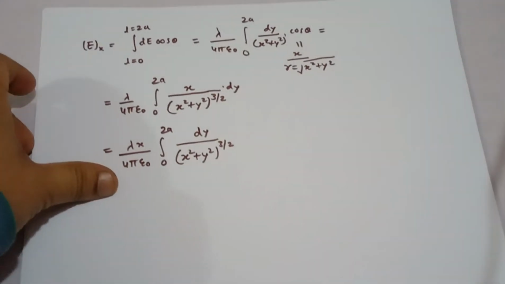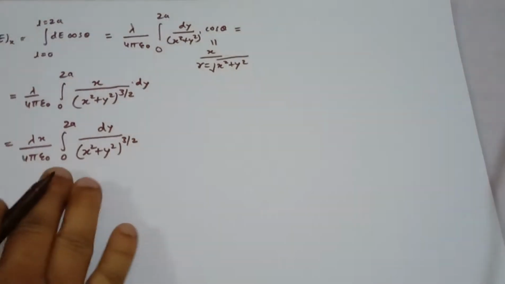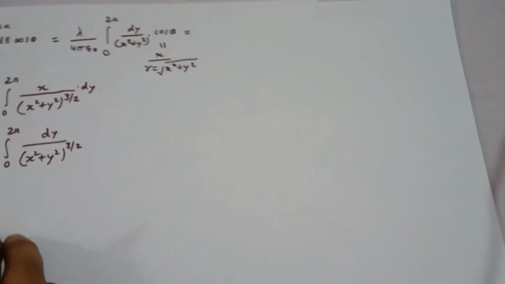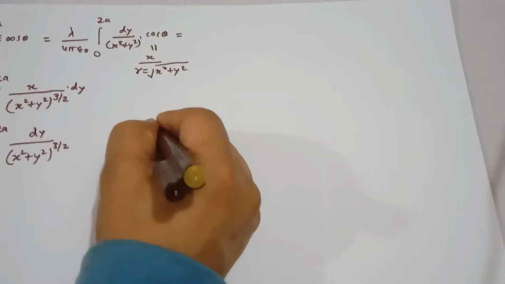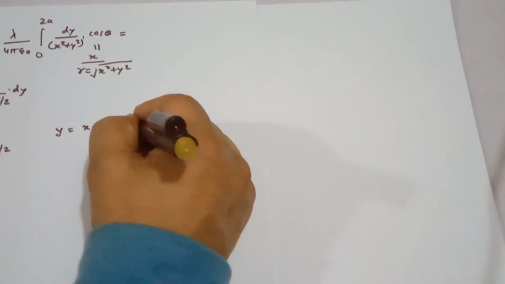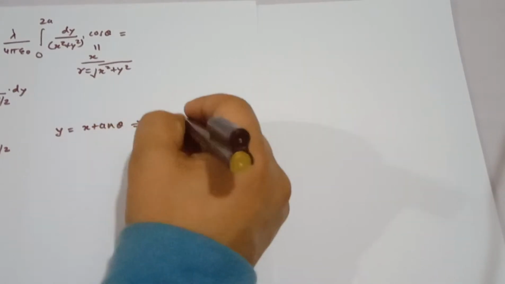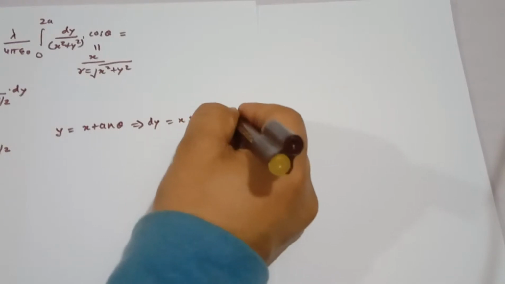So now what we'll do is put here the value of y. So we put y equal to x tan theta. So dy should be x into sec square theta into d theta, very simple.